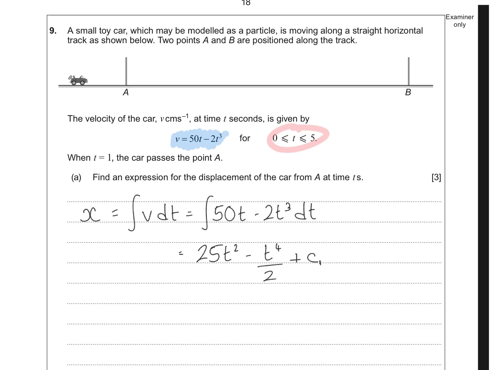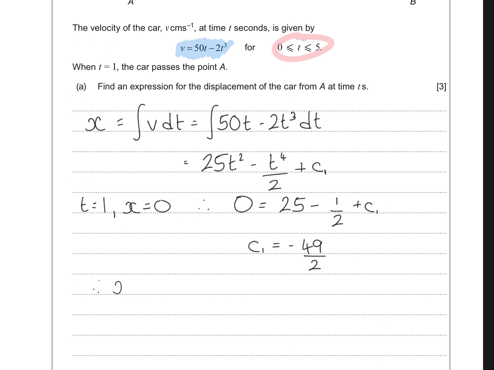We know that we're talking relative to A, aren't we? So we know when t equals 1, x equals 0, therefore 0 equals 25 times 1 times 1 is 25, minus 1/2 plus C1. So C1 is equal to minus 24.5, so minus 49 over 2.